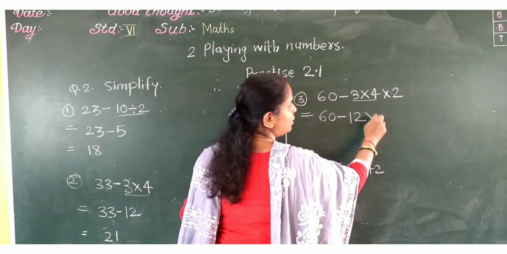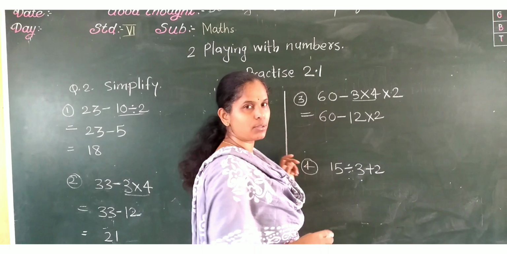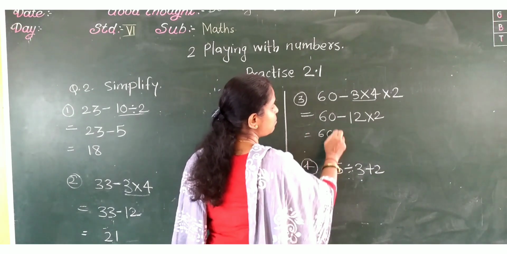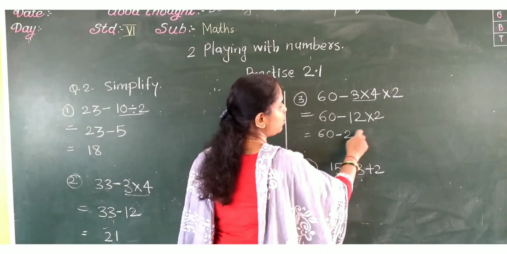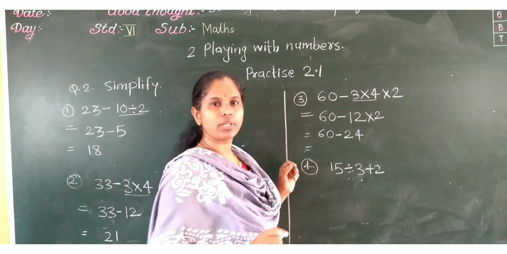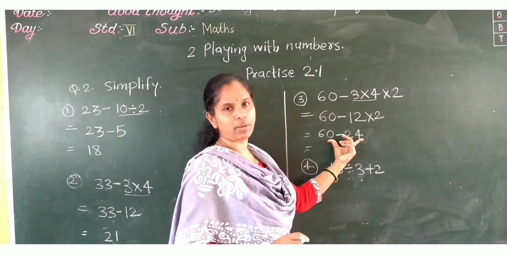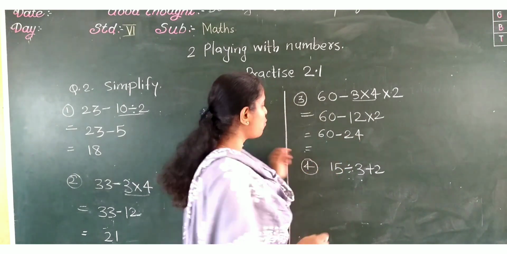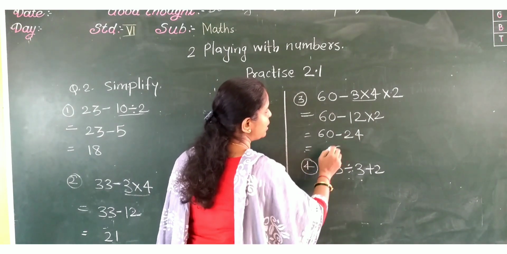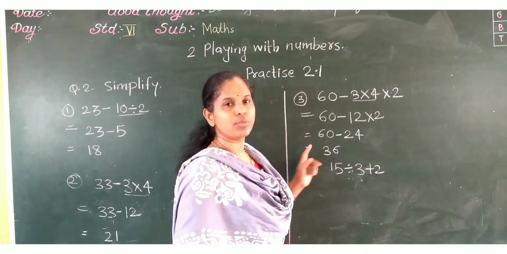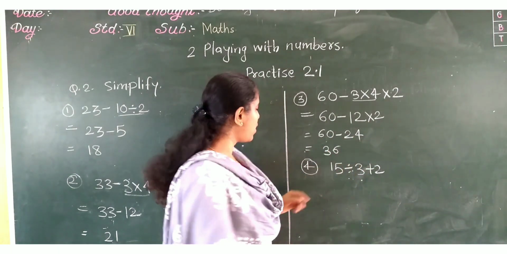Now into 2 remains, that write as it is. Next, 12 2s are 24, so 60 minus 24. Now do subtraction. Here 0 minus 4, can we subtract? So 10 minus 4 is 6 and 5 minus 2 is 3. So 36 is the required answer.